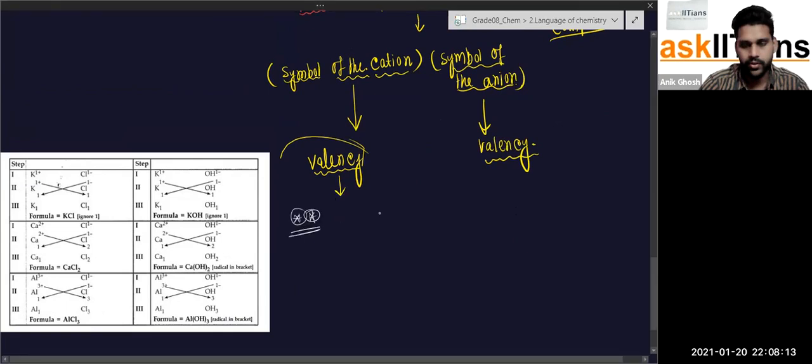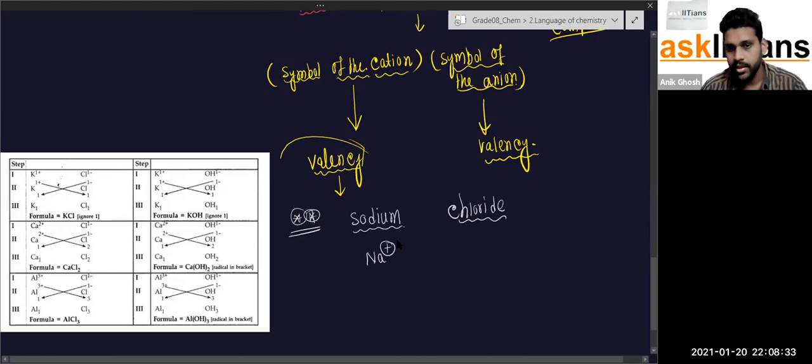This was the question. Tell me, what is the symbol of sodium? This is the cation, right? So Na, and how do we write the cations? Plus over it, right? You can either write a circle over it or not. It's up to you what you want to do.